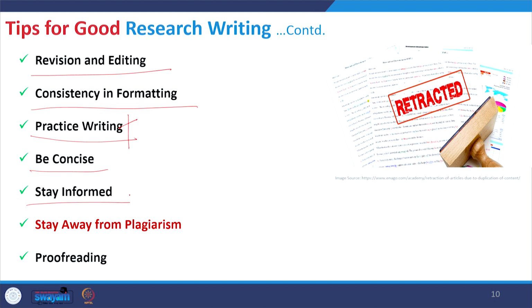Stay informed. The guidelines of the journals keep on changing, and new methods are coming into the picture in the same domain. So you have to get updated. Your citations should get updated. Suppose you started your literature review in the first 6 months or first year of your PhD, and then you are towards the end after 3.5 or 4 years.